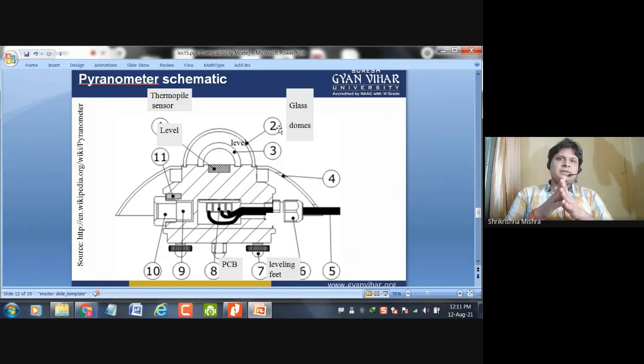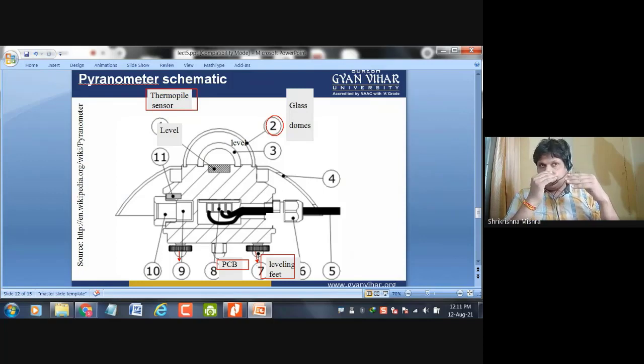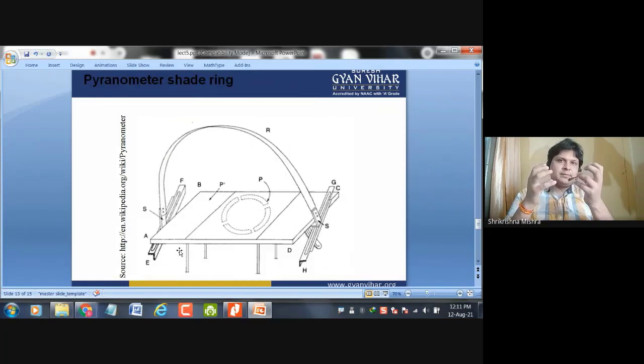This is the glass dome, denoted by number 2. Then you have the thermopile, the sensor which senses. Then you have the label, and apart from that, you will have a PCB and leveling feet. The purpose of the leveling feet is that you can level the instrument, so you can keep your pyranometer horizontal on any surface. So this is your pyranometer.